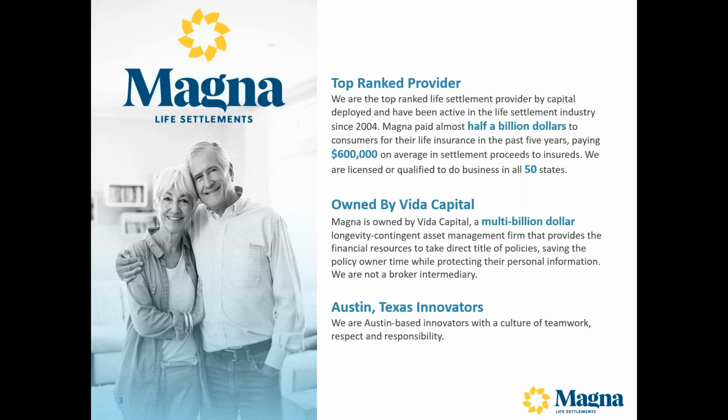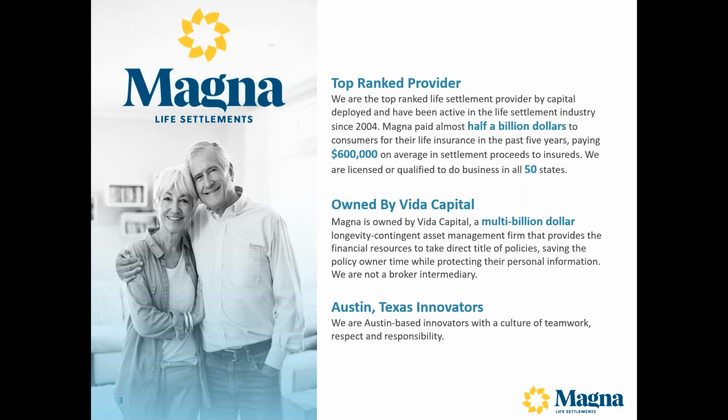When I meet folks who are new to the conversation, they say, my client has a $1 million policy, what can I expect them to get for a payout? It's case by case, no different than when you're writing insurance, but the answer is that it varies, with 20 to 25% on average. And we're proud of that.